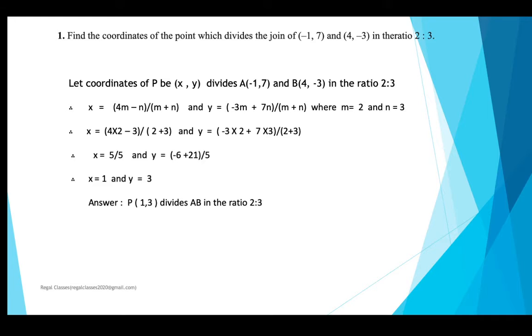Just apply the formula. Substitute m is to n is 2 is to 3, so m is equal to 2, n is 3. Substitute in the formula and just calculate. It's a simple calculation, and then you have x is equal to 1, y is equal to 3. These are the coordinates of point P.